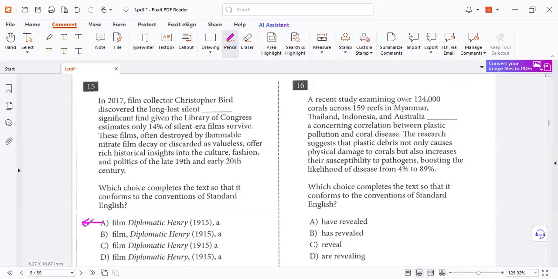Or letter A? No, sir. Ah, I told you, you hate punctuation.